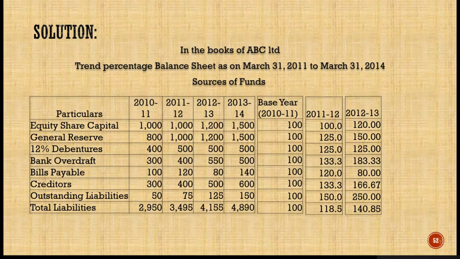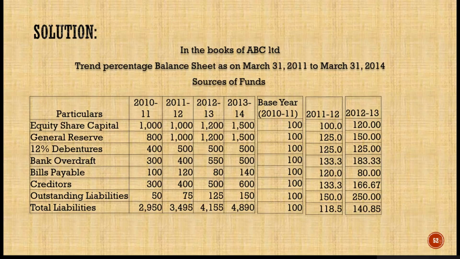And for 2013-14, again the base year will remain same. So calculation for equity share capital will be 1500 divided by 1000 into 100. For general reserve, 1500 divided by 800 into 100.